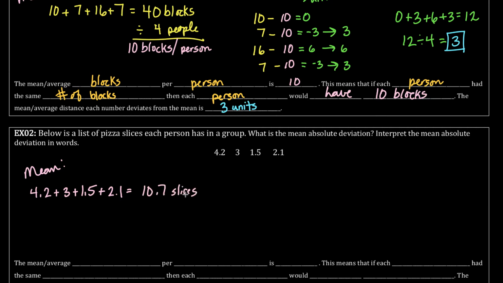Oops, good thing I caught this. This isn't 10.7. This is actually 10.8 slices. I mean, 10.8 slices total. And we're dividing it amongst 4 people.